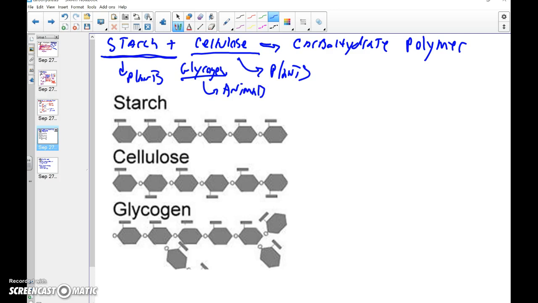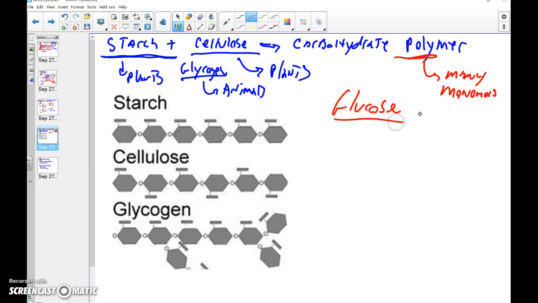Now, these all are carbohydrate polymers, which means they will have many monomers. For the majority, starch, cellulose, and glycogen are glucose-based. So we're using this one monomer.